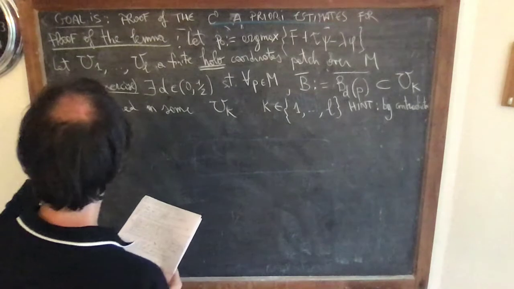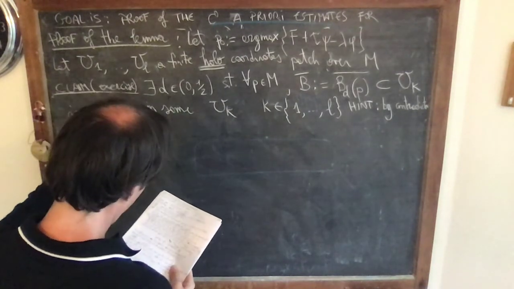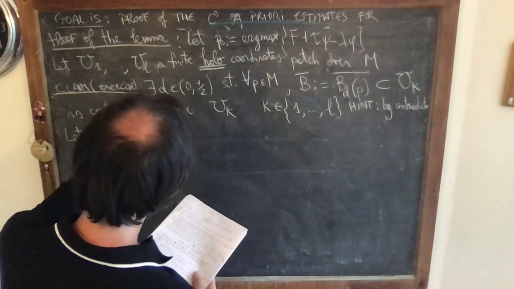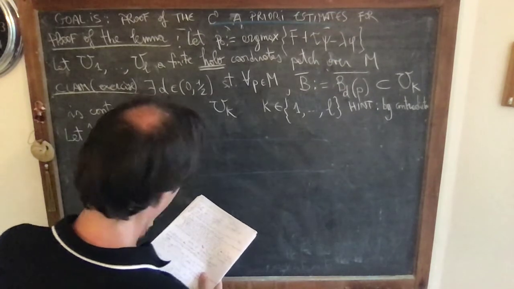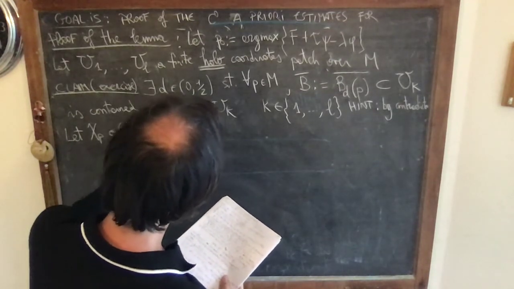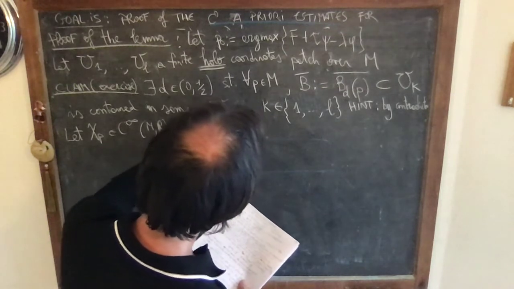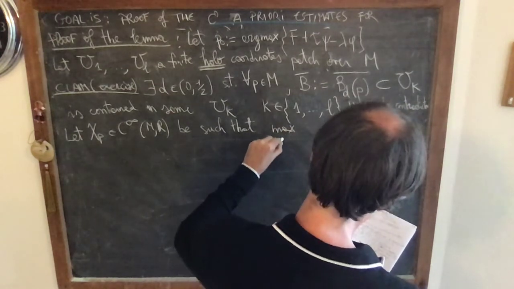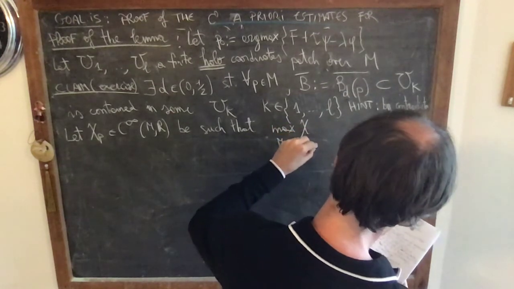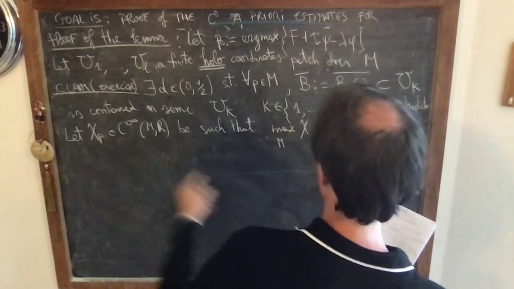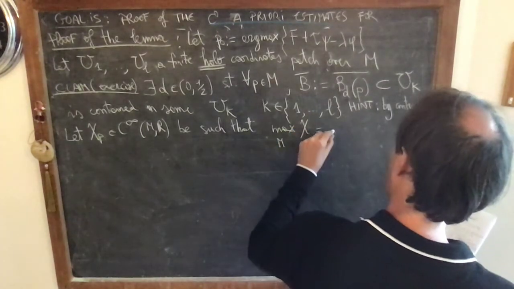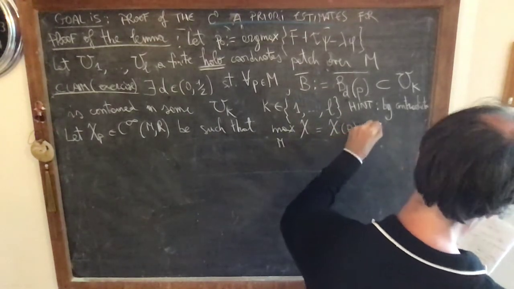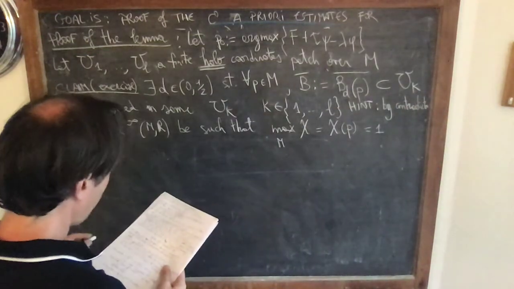So now let psi_P in C infinity, a smooth function with real values, be such that the maximum over M of psi, I'm dropping the subscript P, is precisely the evaluation at P, which is 1. It's a cutoff function.